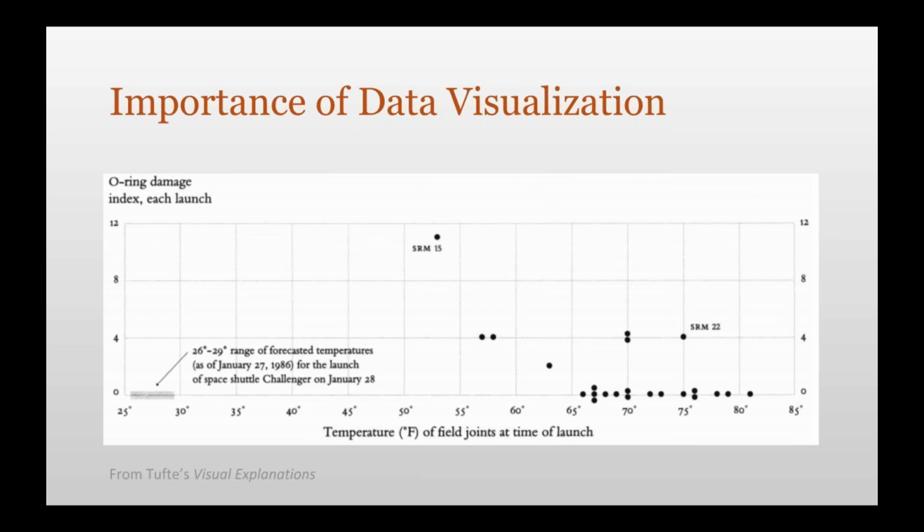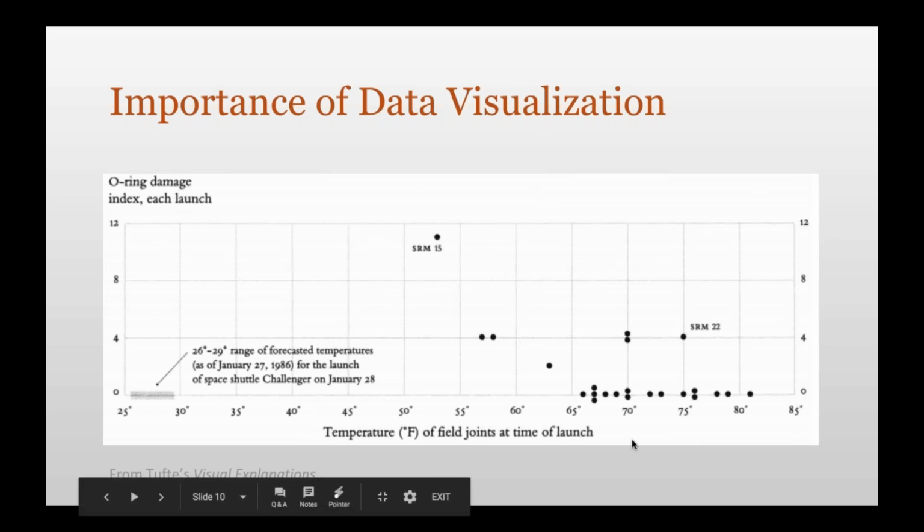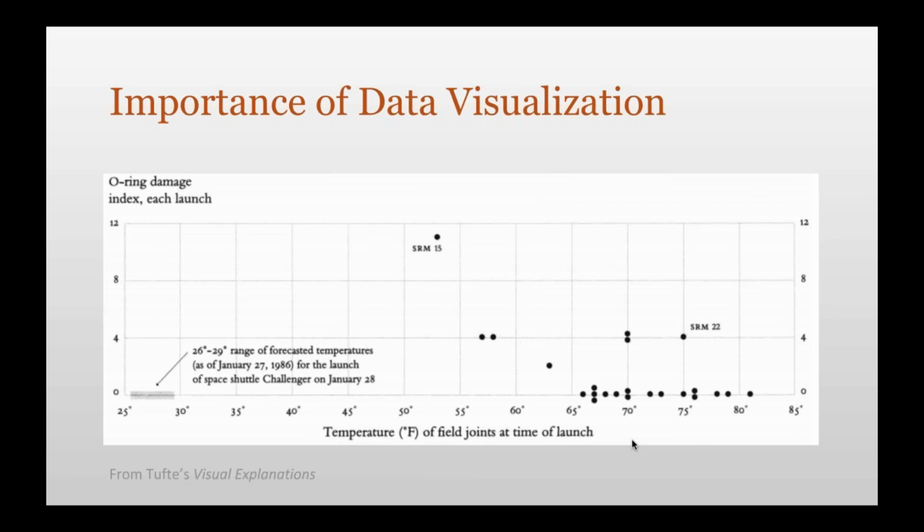If you were to run a regression of temperature and O-ring damage, it's sort of overweighted towards warmer days, and it makes sense. This is in Cape Canaveral in Florida, and you wouldn't really get this using a regression or another technique, sort of analyzing data in that way.